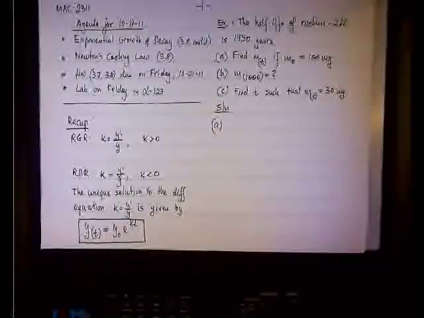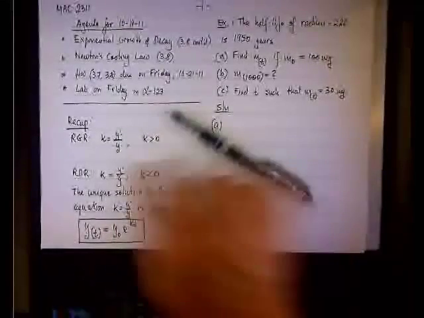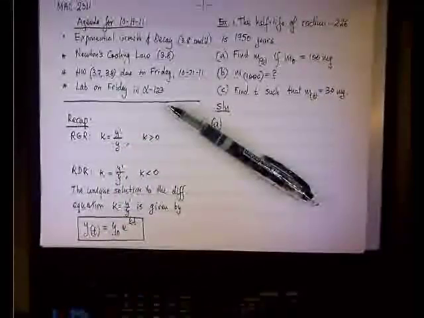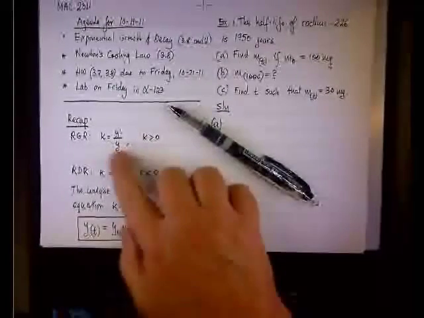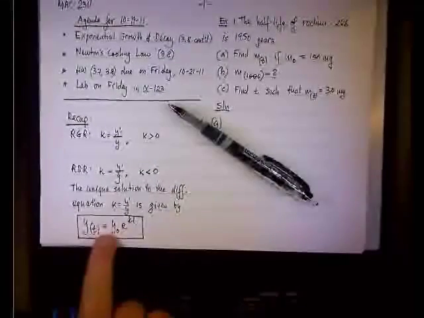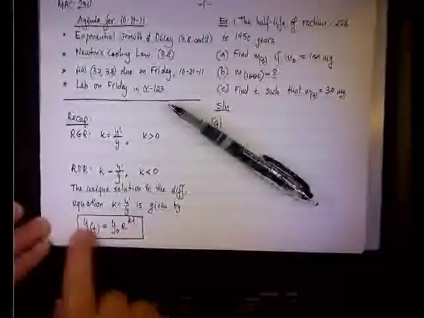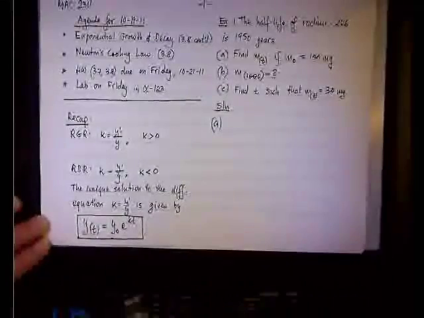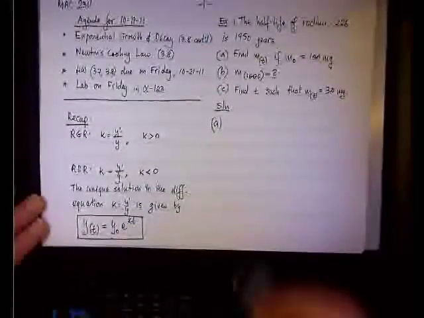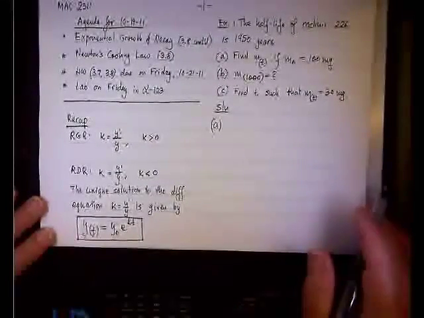And remember, the way we defined relative growth rate or relative decay rate, we were looking at k, a constant, where the rate of change, y prime, in this case dm/dt or m prime, over the mass m of t remains constant. And we know that the solution will lead to an exponential decay function of this sort.